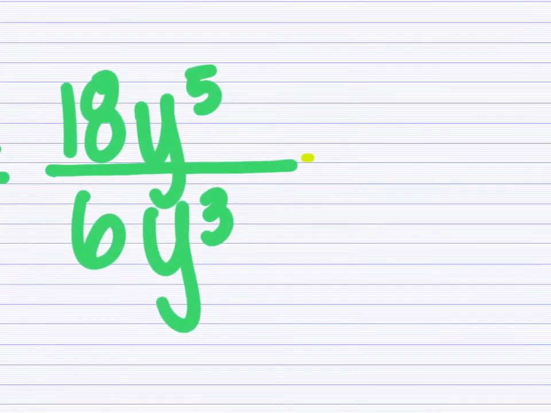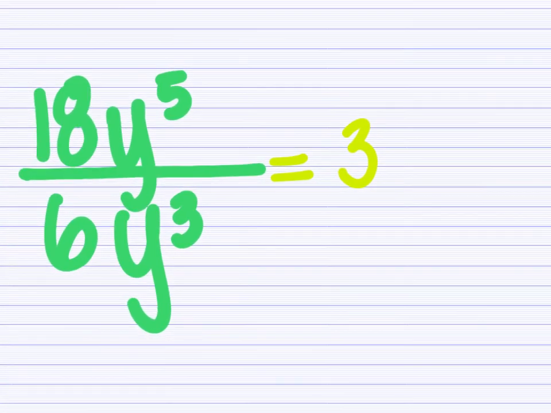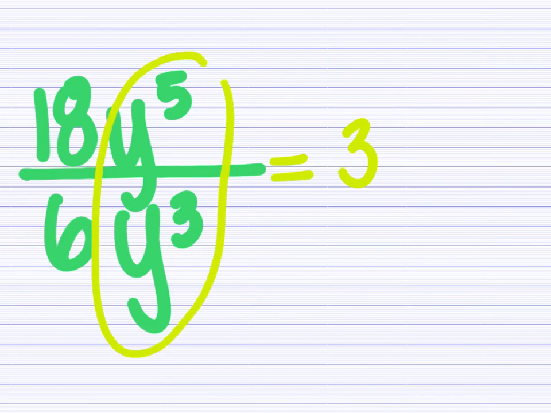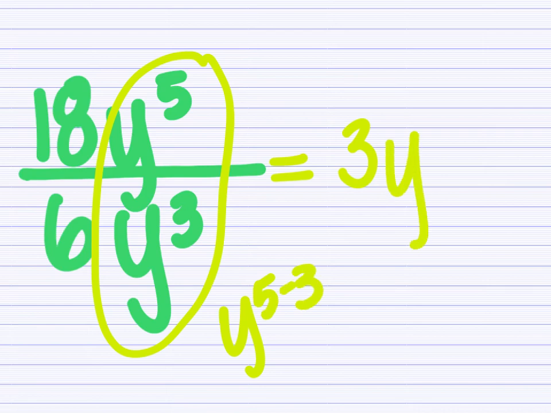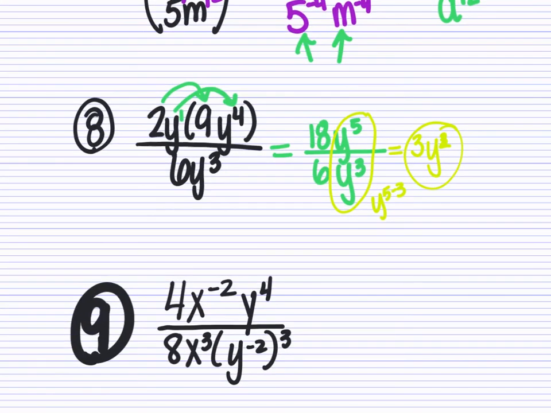From here, I can simplify. 18 over 6 simplifies to 3. And then here you are dividing, so that means you're just going to subtract your exponents. So y, 5 minus 3. So I get 3y to the 2nd as my final answer.